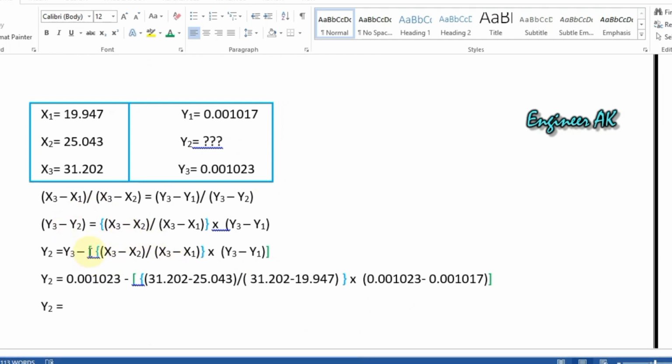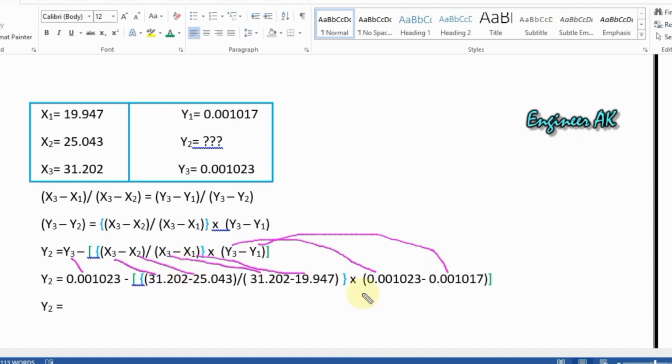So let's first check what answer we get manually. I have already rearranged all this equation, and I have already plugged in the values. Let me show you. This is y3, this is x3, this is x2, this is x3, this is x1, this is y3, and this is y1, right?